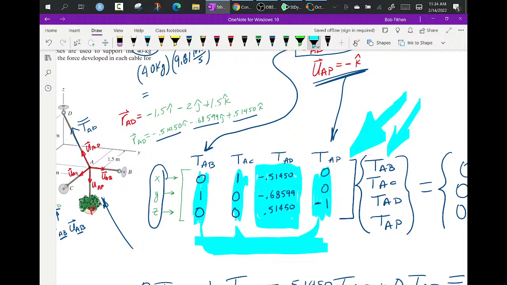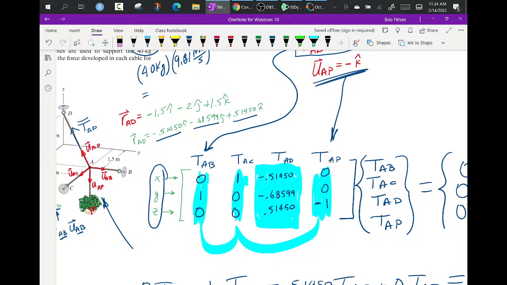You might have 20 of these, and that's a big problem to have. But here in this course, you're only going to have 3 equations. So one of them, or 3 of them, are going to be unknown because you've got 3 equations.